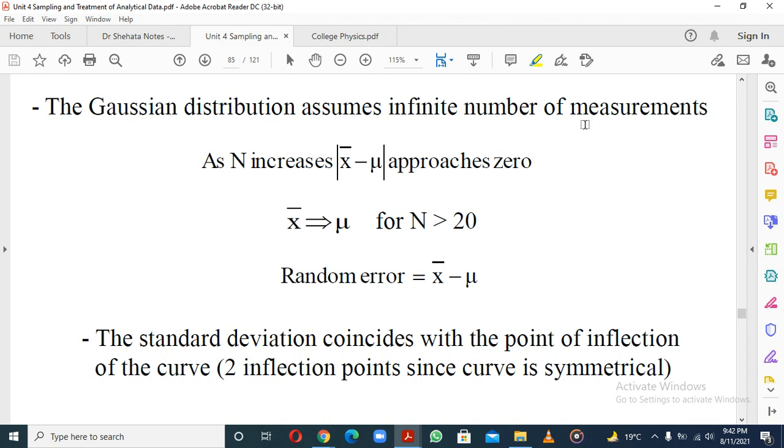Let's say I measured 10 things, so your n, the number of measurements, is 10. But as the number of measurements increases and approaches infinity, the absolute difference between my mean and mu will approach zero, because remember, you are dividing this difference by n.